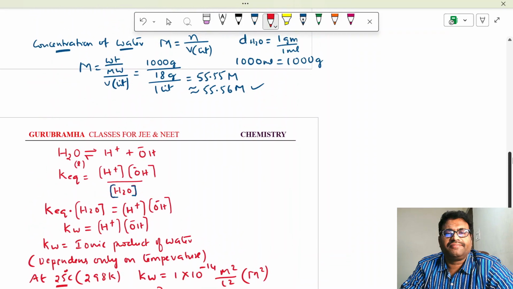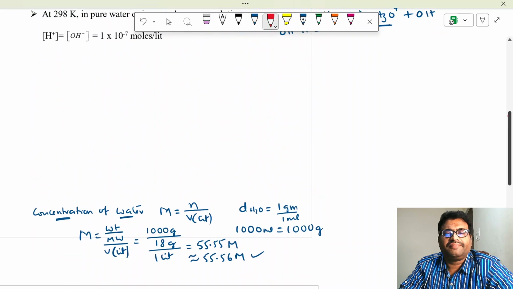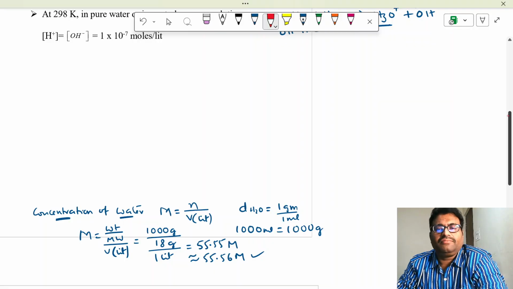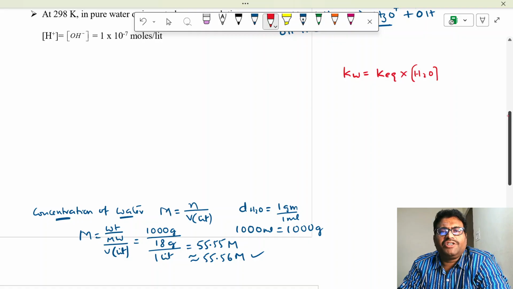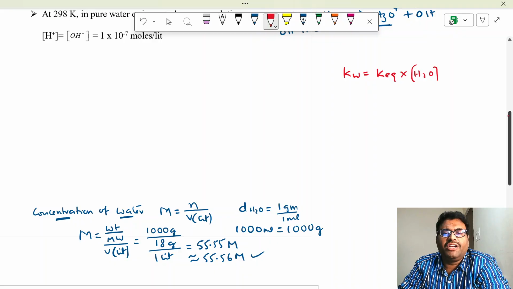Next, let us see. What did we discuss just now? We discussed that Kw is equal to K equilibrium into concentration of water. Now I want the equilibrium constant of water. What will be the equilibrium constant of water?